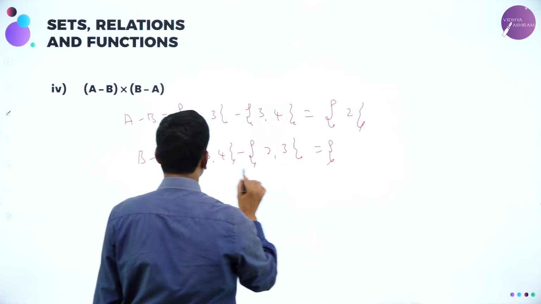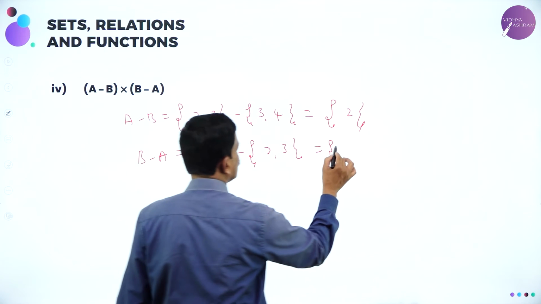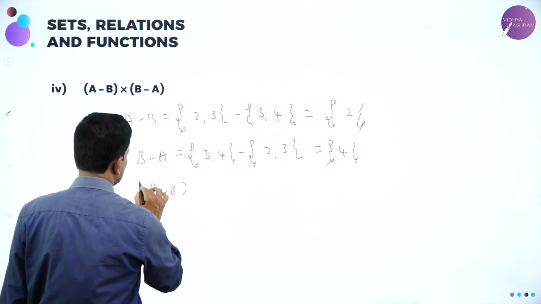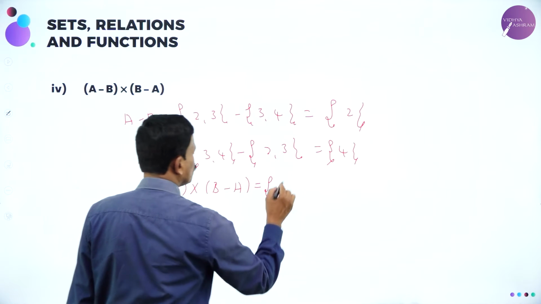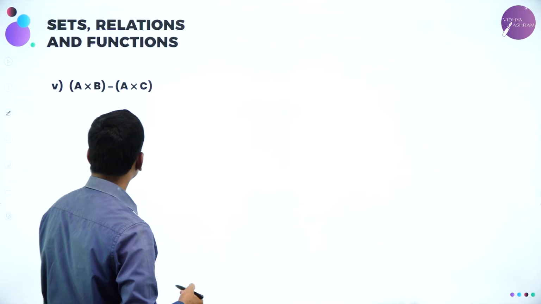B − A means all the elements which are in B but not in A. 3 is in both, so 4 is the only element. So write down the cross product: (A − B) × (B − A) is (2, 4). That's all. (2, 4).